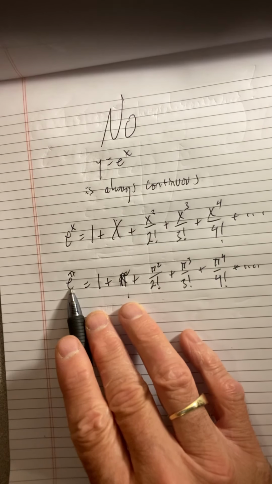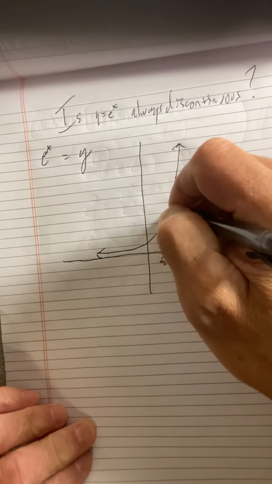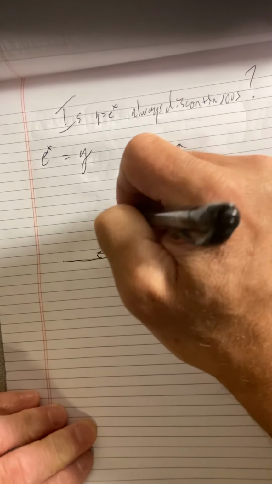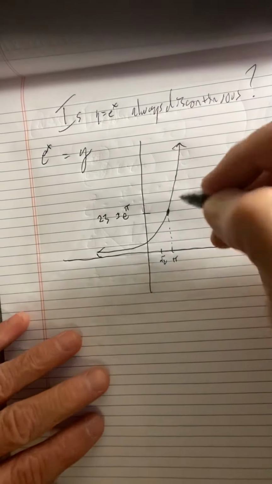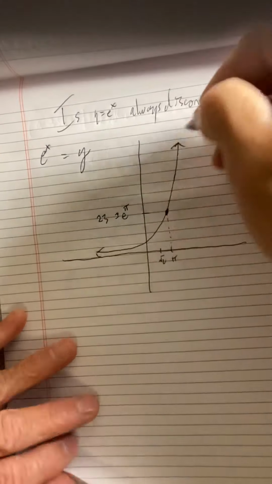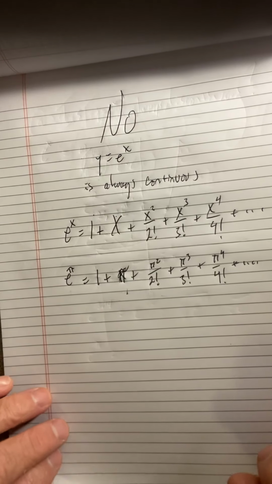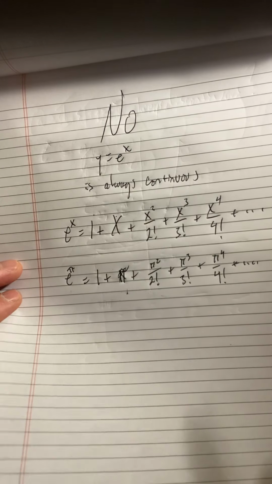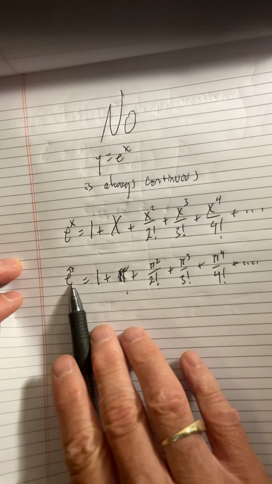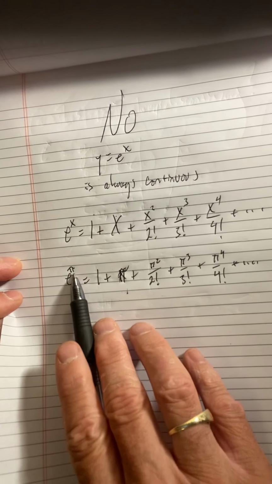And on the graph, it goes exactly where you think it should go. That's going to be e to the pi, which would be something like 23, I guess. But it goes exactly where it should go. So it turns out the graph is nice and continuous. It's a polynomial. Polynomials are continuous. So that's why the exponentials are continuous functions, and that's how we define exponentiation when the exponent is any number.